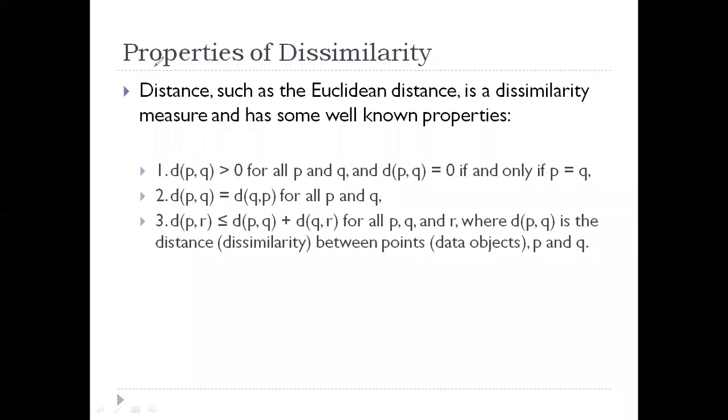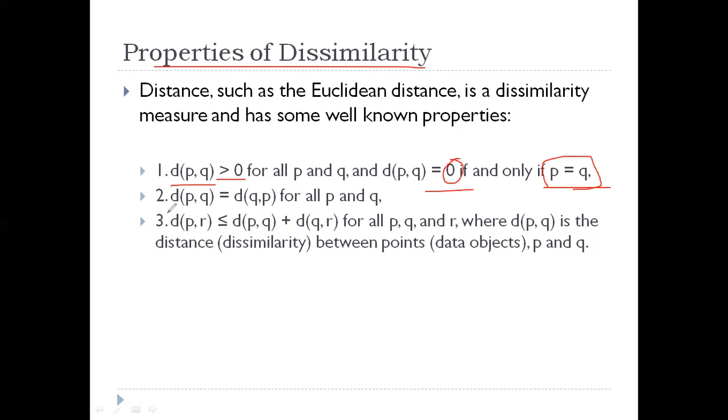Now, some properties of dissimilarity. The dissimilarity between P comma Q is greater than or equal to 0. If the distance between P comma Q is 0, then those two are alike, which means similar objects, as I mentioned in the first slide. If it is greater than 0, then you can find the dissimilarity between those two objects.